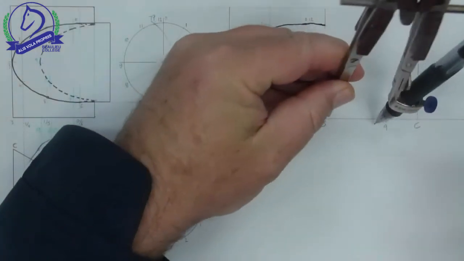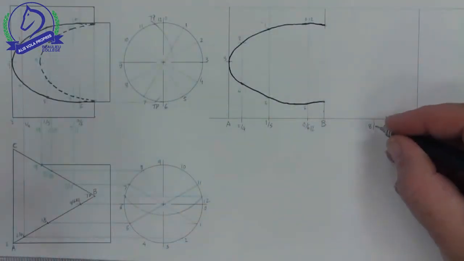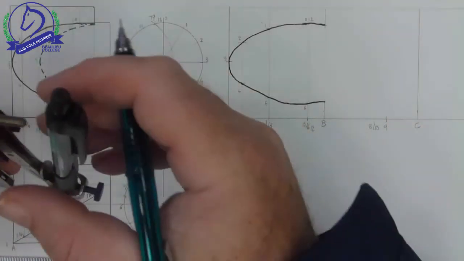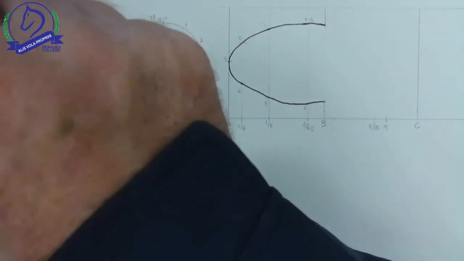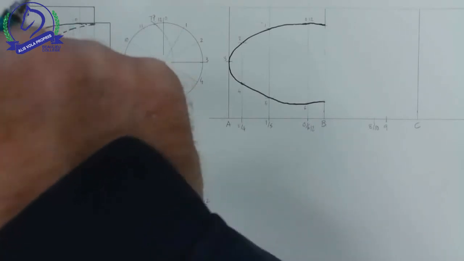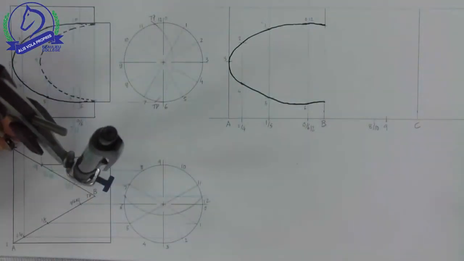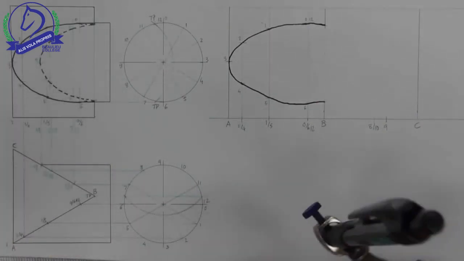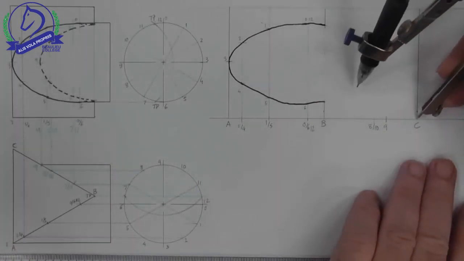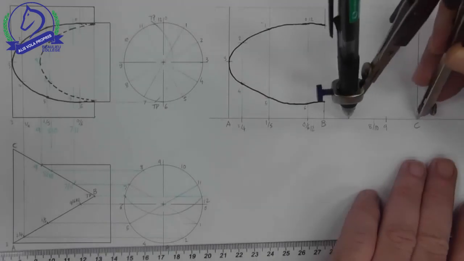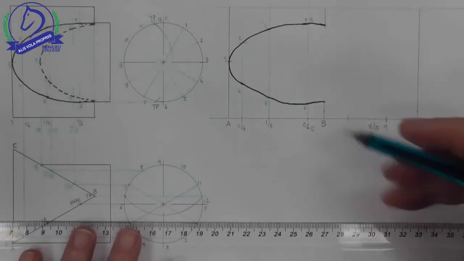Mark it off once again from B, giving me 8 and 10. And my last one, I'm going to just swap this around. I like measuring bigger distances with my compass. That distance is 7 and 11, but I've measured from C. So I go and put my compass at C and mark off points 7 and 11.